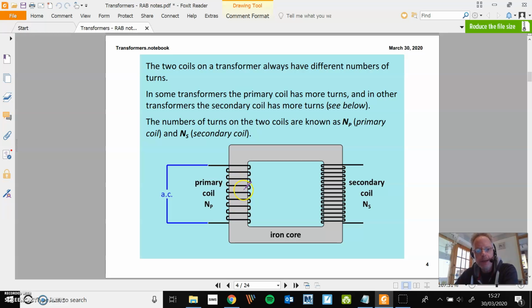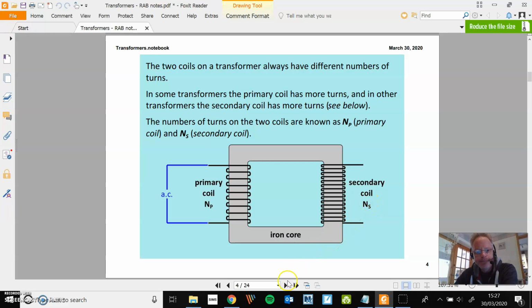There'll always be a different number of turns on the two coils. So for the number we use a capital N, and then a little p to tell us it's the primary. Over here we've got the secondary coil, so that's capital N for the number and an S, just so we know we're talking about the secondary coil.